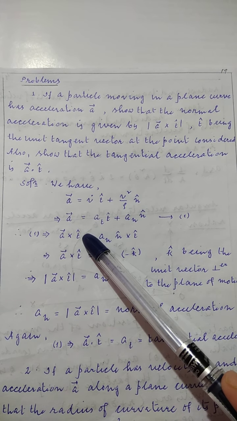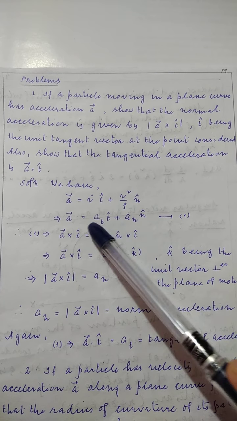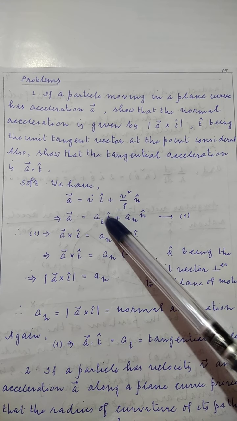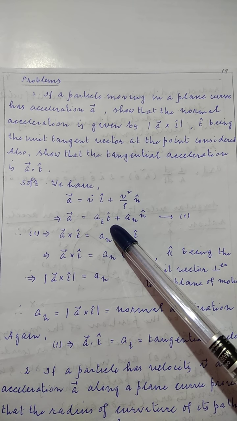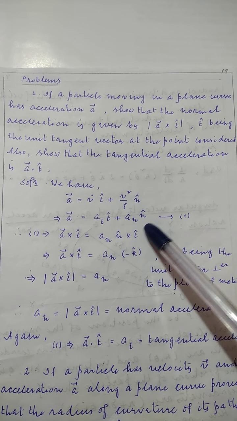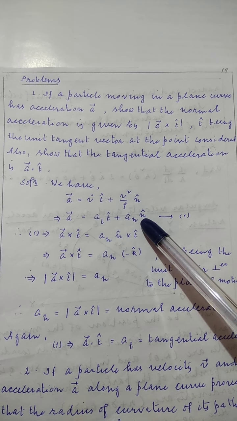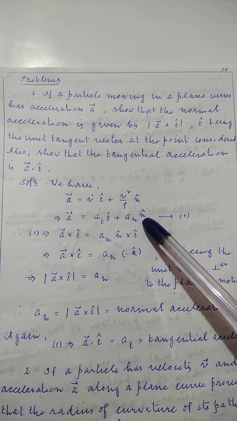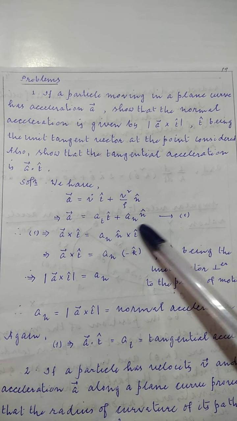Here the cross product of two same vectors is a zero vector, and the cross product of two different vectors gives a vector perpendicular to the plane of those vectors. If the turning tendency is clockwise, then the vector will be negative, and if the turning tendency is anti-clockwise, then the resultant vector will be positive.